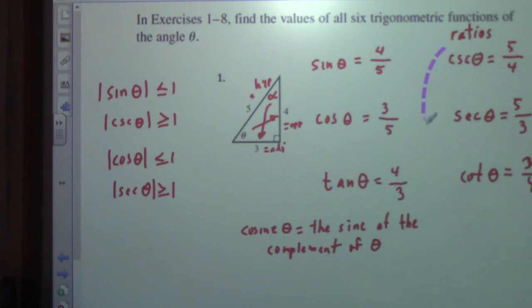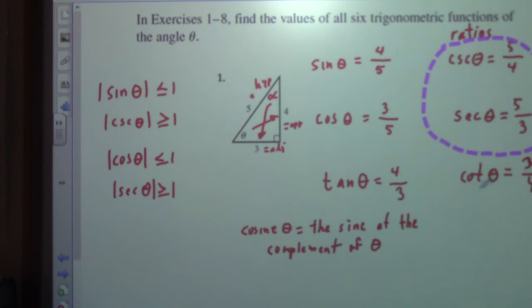Cosecant and secant are just the reciprocals of sine theta and cosine theta respectively, and you don't have a co in any of these things here.